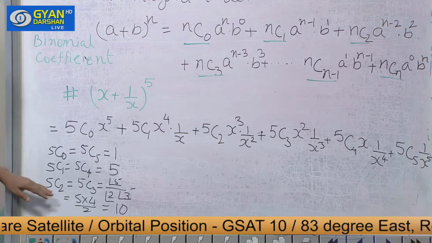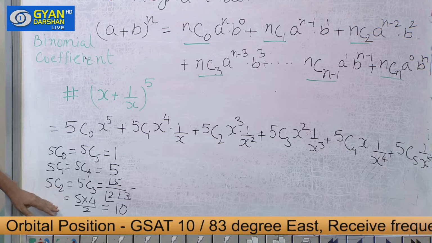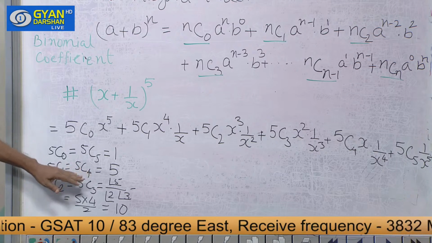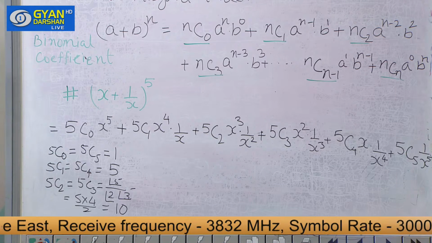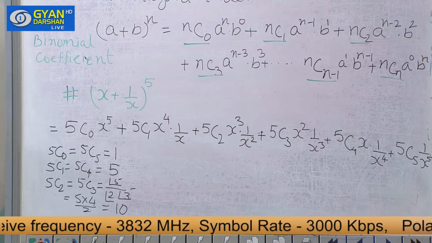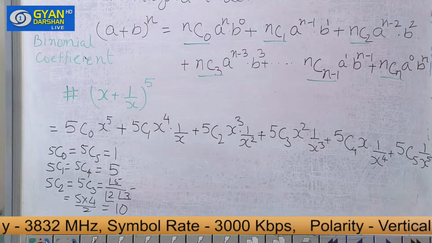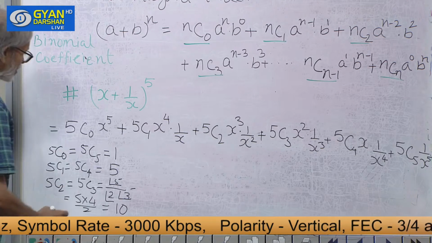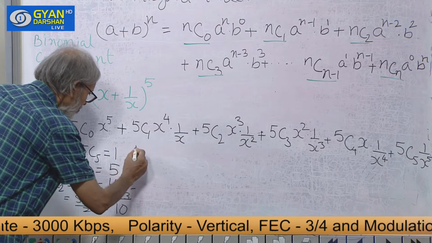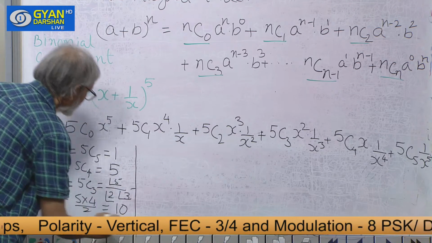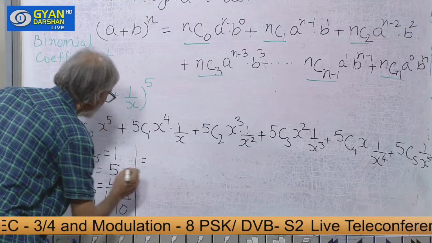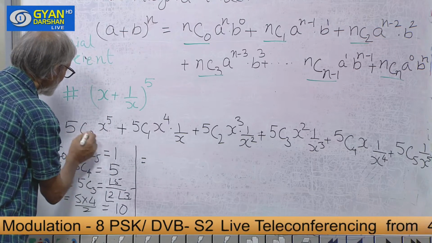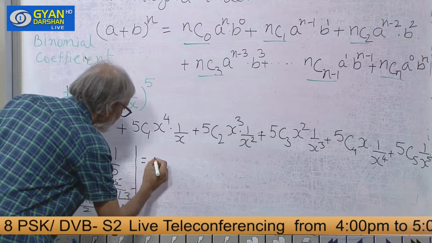Because 5C4 we have already taken here and 5C1 we have already taken here, 5C0. So, if we put all these things here, this expression will become this way: 5C0 is 1, so it is x^5.